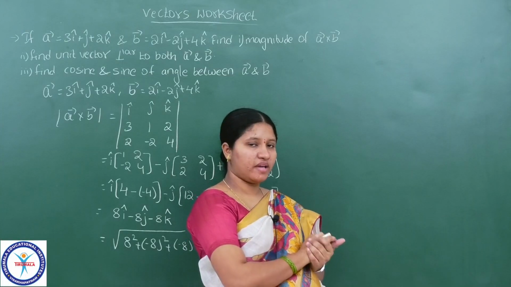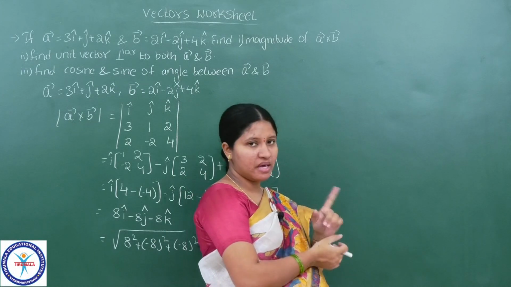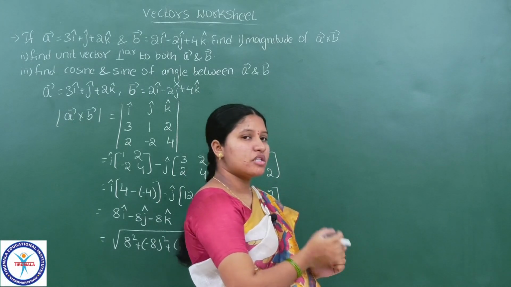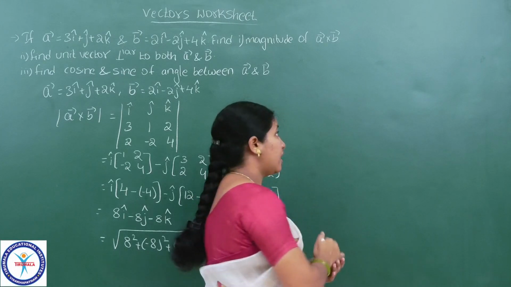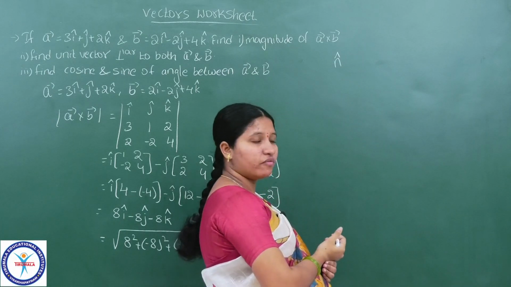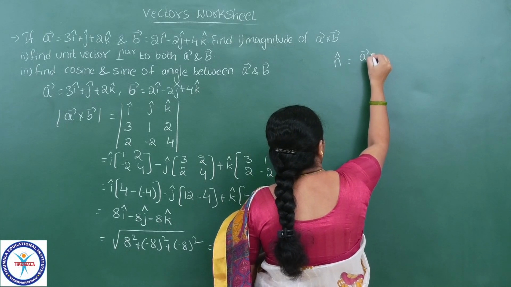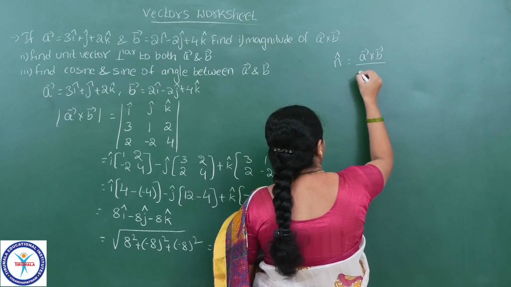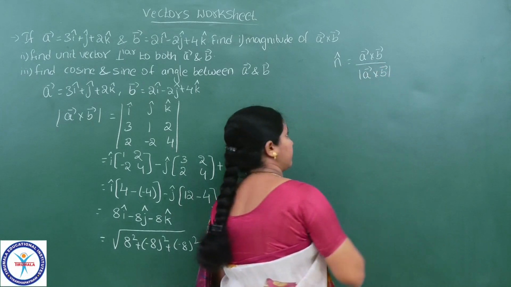Now, he asked to find the unit vector which is perpendicular to both A bar vector and B bar vector. So, the unit vector which is perpendicular to the original vectors is n cap. So, the unit vector n cap is equal to A bar cross B bar by modulus of A bar cross B bar.